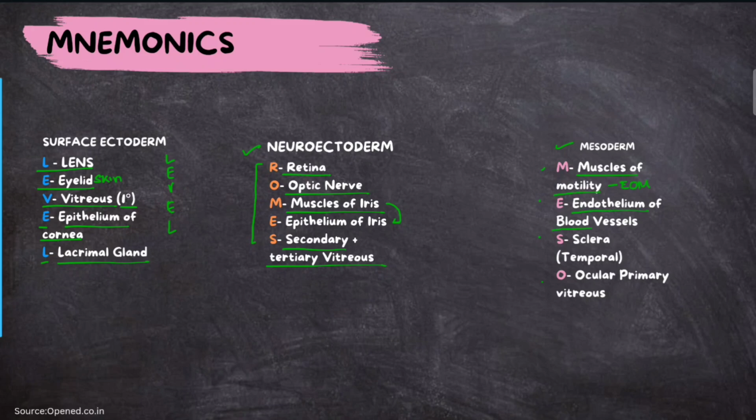E being endothelium of the blood vessels. S is sclera, only the temporal part. And O is ocular primary vitreous. Now, whatever is left is formed by NCC, neural crest cells. So whatever structures are not mentioned above are formed by NCC. So this is a little trick for you to remember what structure is formed by what.